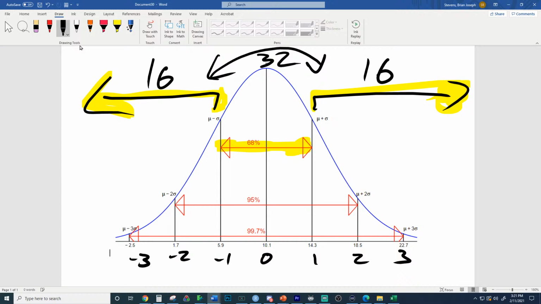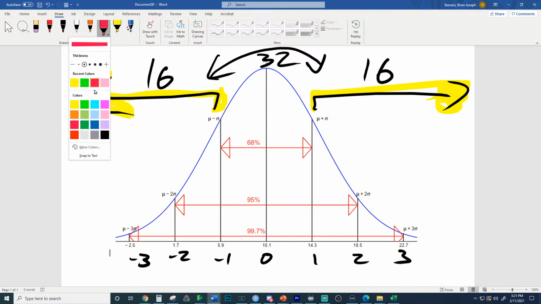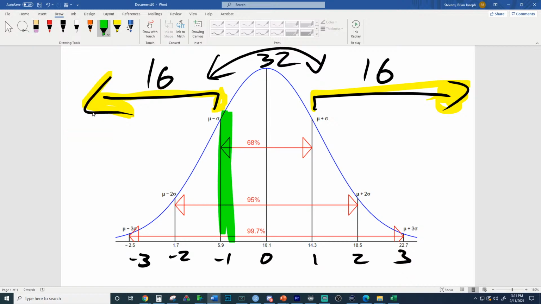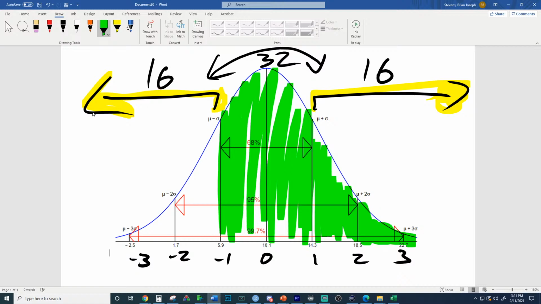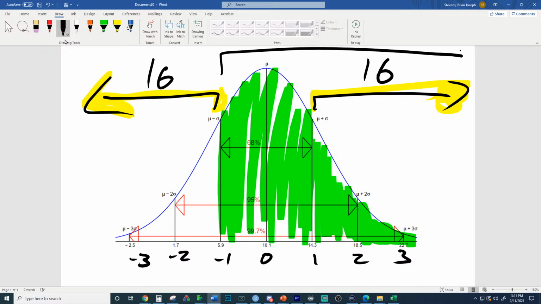Now, it didn't want this answer. The answer it wanted for the question was what percent of area is above here. So now, take a moment and see if you can figure out what percent of area is above here. All you have to do is travel across these tracks. Think of it like a train track, and you go all the way from here over and add up the area.